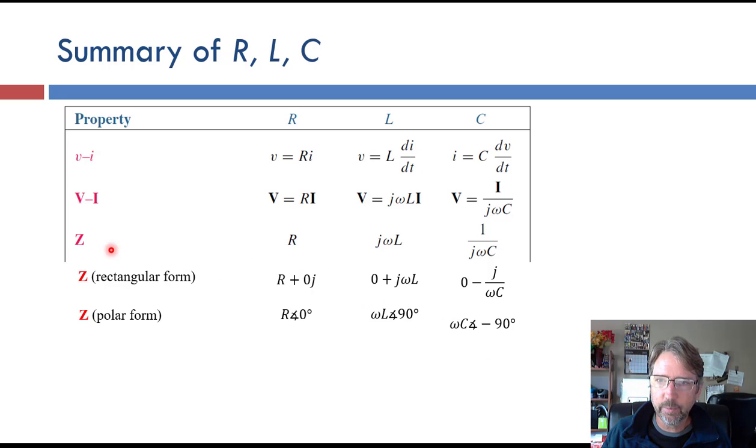Here's where we are. We have the time domain, the phasor domain, and impedance. So we've gotten impedance for a resistor is R, impedance for an inductor, j omega L, impedance for a capacitor, 1 over j omega C. These are complex numbers, and so we can write them either in the polar form or the rectangular form.